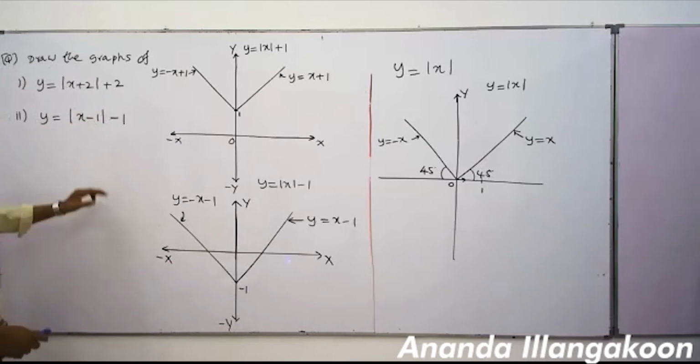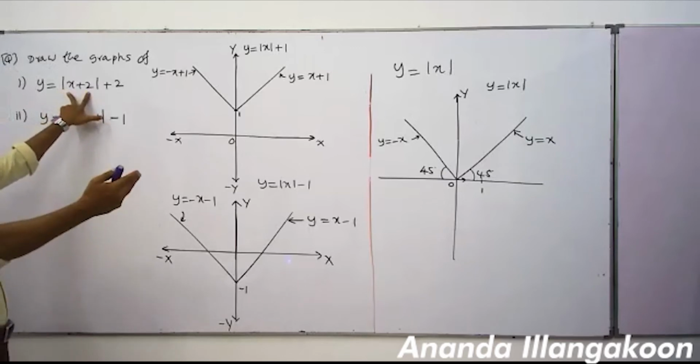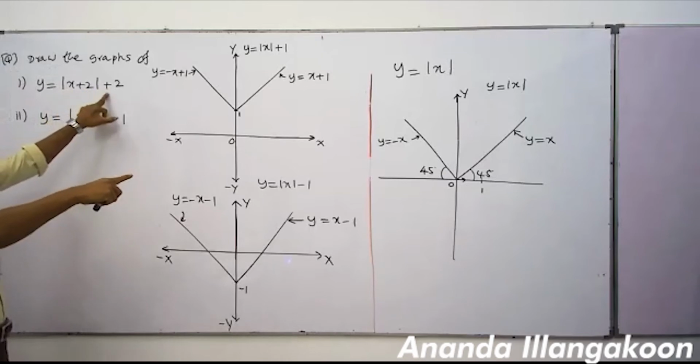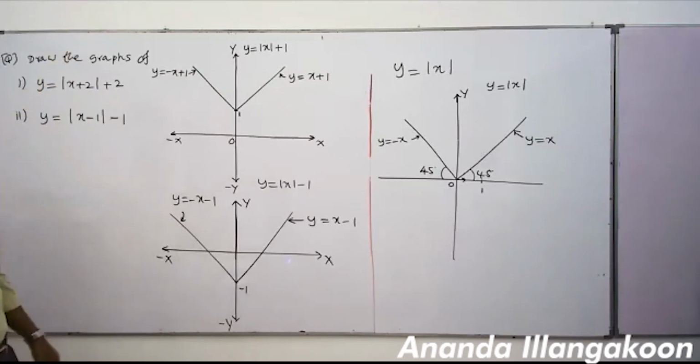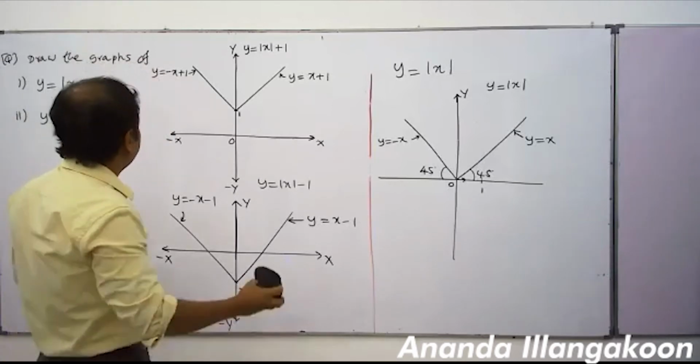Right. First of all, people, this mod x plus 2 graph we can draw. How? Taking the mod x graph leftward by 2 units. Then the vertex will be at -2. Since 2 is added, that graph we have to take upwards by another 2 units. Right. Then you can sketch like that.